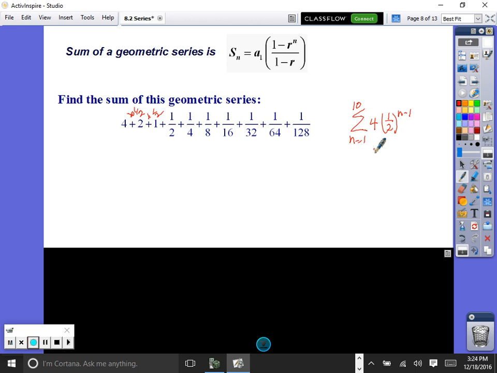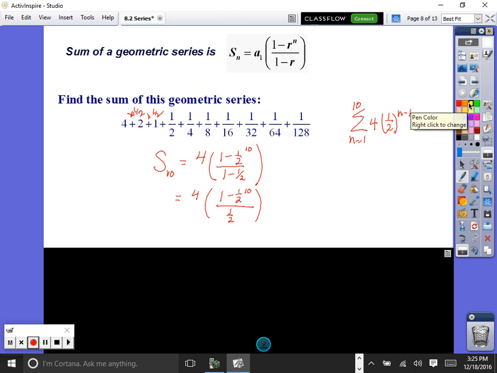So to find the sum of these 10, since it is geometric, I take the first term, which is 4, times 1 minus my ratio, a half, raised to the n, 10 of them, divided by 1 minus a half. Now I do a little simplifying before I punch my calculator. So this would be 4 times 1 minus a half to the 10th. This I cannot simplify because I do not know what a half to the 10th is, so I'm just going to leave that for right now. But this one I can. 1 minus a half is a half.